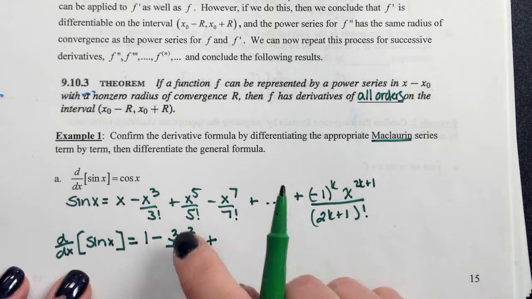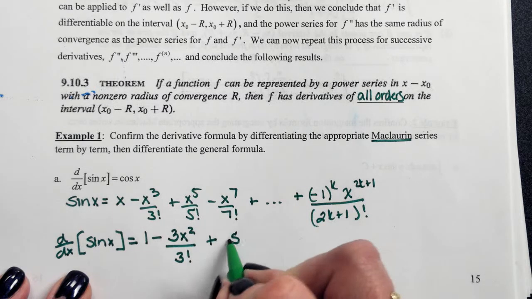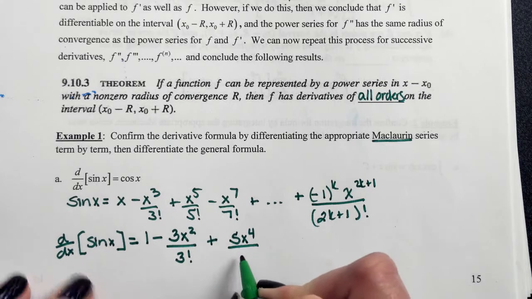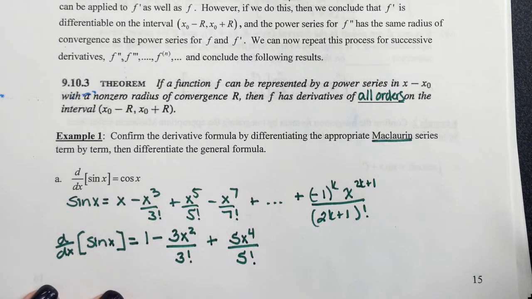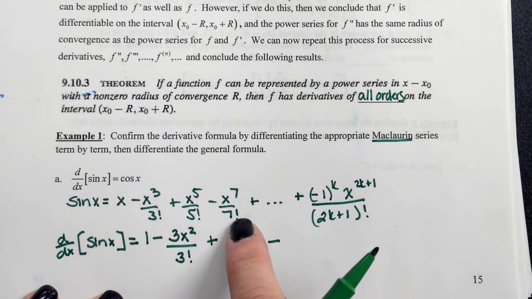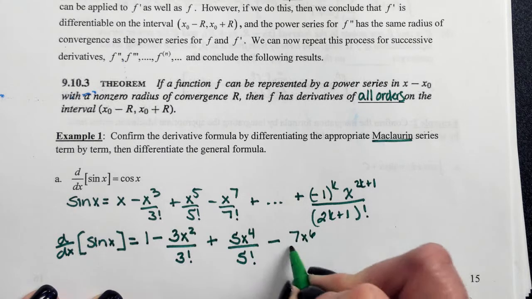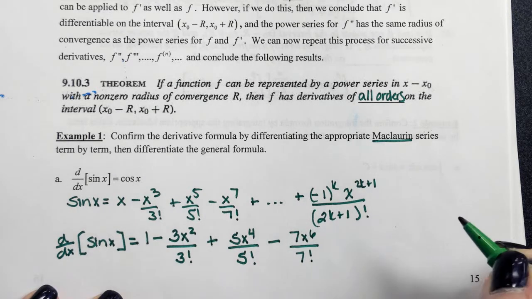Plus, when I take the derivative of x to the fifth over 5 factorial, that's going to be 5x to the fourth over 5 factorial. Minus, when I take the derivative of x to the seventh over 7 factorial, that's going to be 7x to the sixth over 7 factorial.